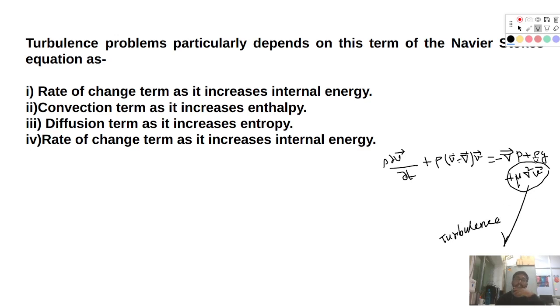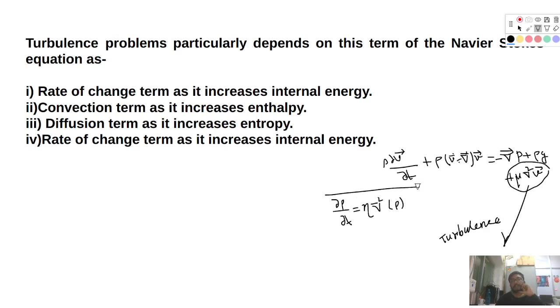Now what it does: if we remember the diffusion equation, what it tells is, let's say some property, del rho del t can be eta grad square of some function of that, let's say rho or something.